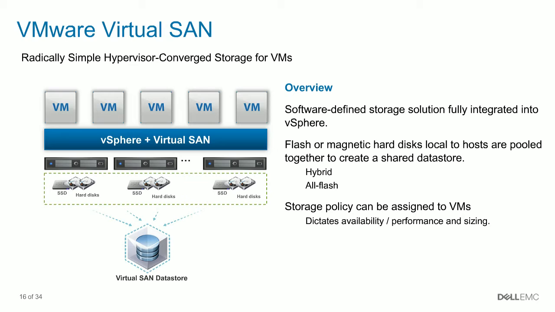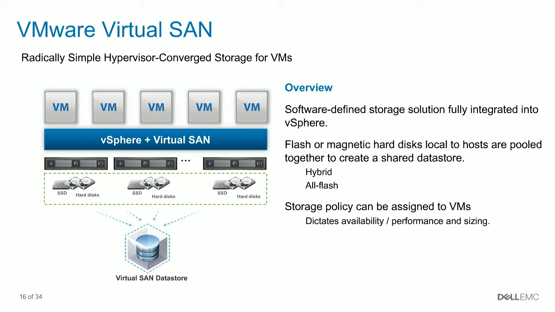Since we're talking VxRail with Horizon, we're just going to briefly touch on vSAN. vSAN is our underlying SDS technology, software-defined storage fully integrated into vSphere. So we don't need a management VM as is needed by other vendors. This is completely integrated into the kernel. You have flash or magnetic disk options that are pooled to create a shared datastore.